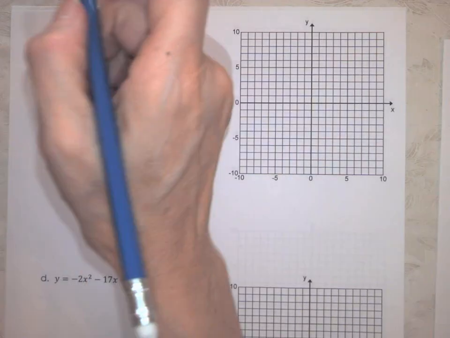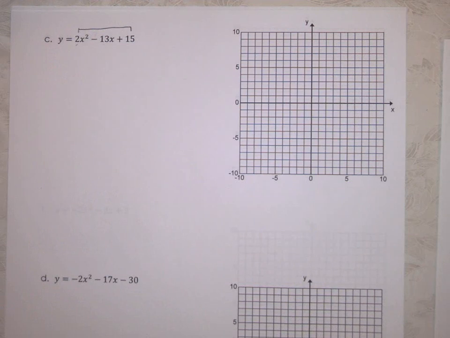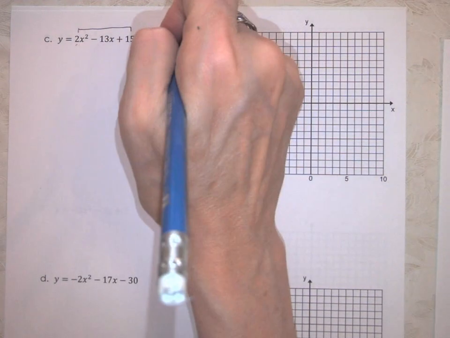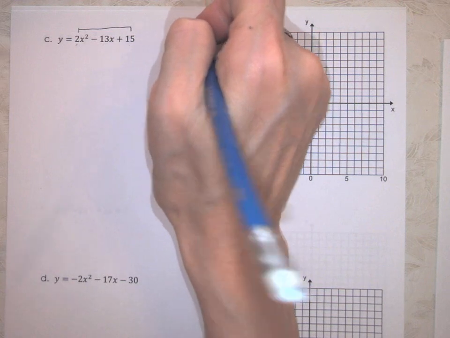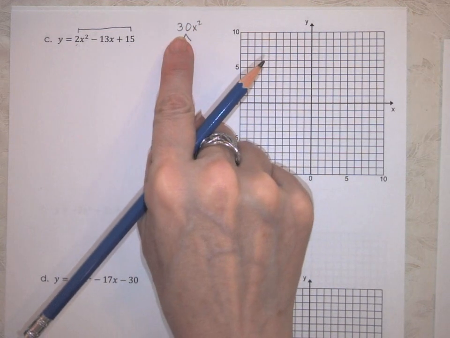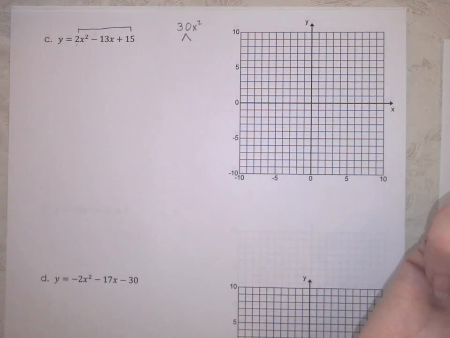So for a complex trinomial, to factor it, you have to use decomposition. And the first step of decomposition is to multiply 2x squared by 15, which gives you 30x squared. And then you need to come up with 2 terms that multiply to positive 30x squared, but add to negative 13x. So your 2 terms will both have to be negative to multiply to a positive.